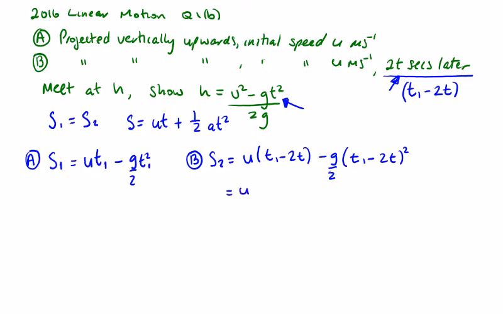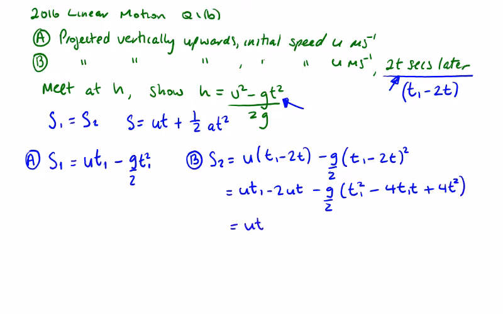So this is going to be ut1 minus 2ut minus g over 2 times t1 squared minus t1 by 2t twice, so minus 4t1t, and then plus 4t squared, 2t to be squared.